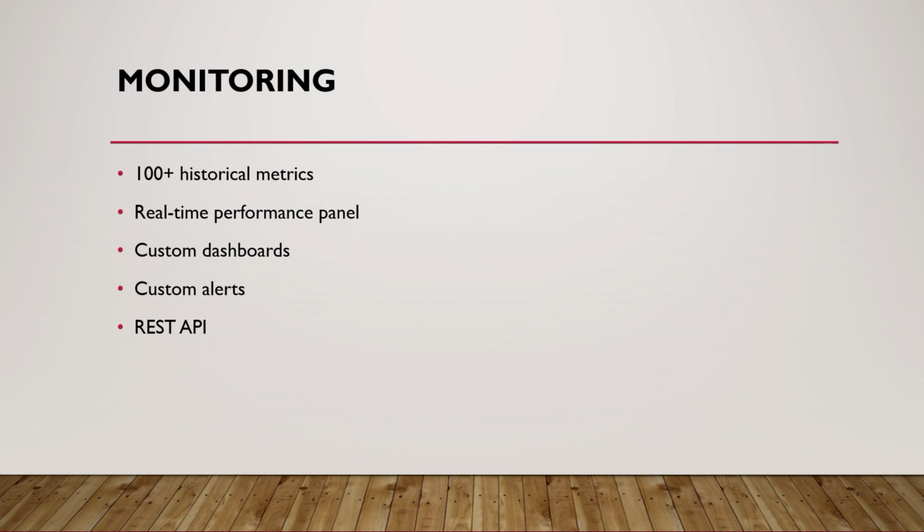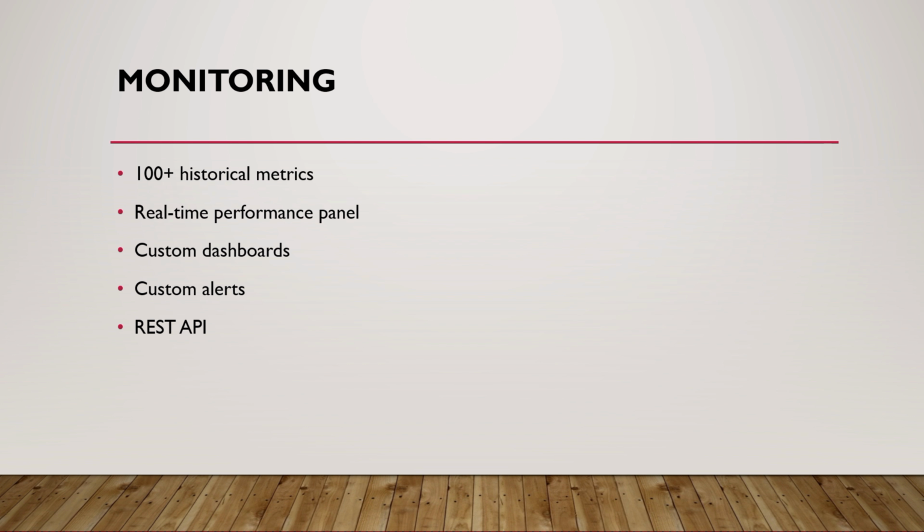Real-time performance panel. It offers a detailed view of the performance and health of your MongoDB deployments. It tracks key metrics such as CPU usage, disk I/O, and query performance, providing insights that help in optimizing database performance.